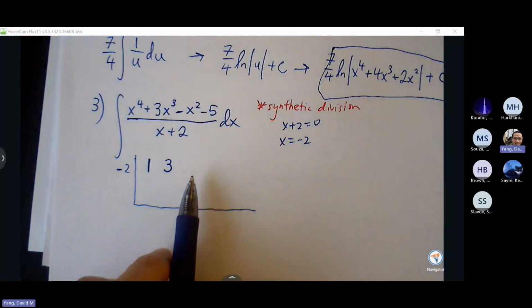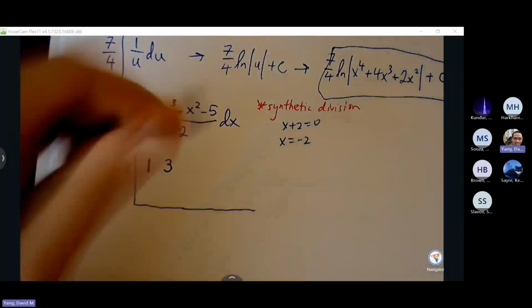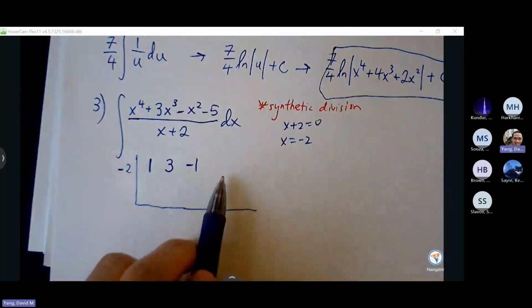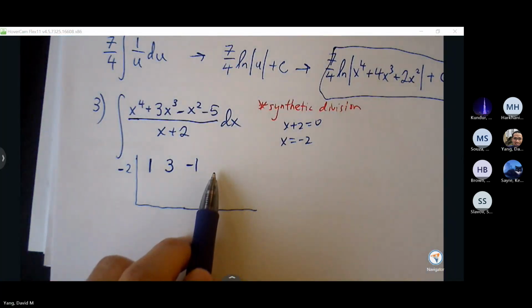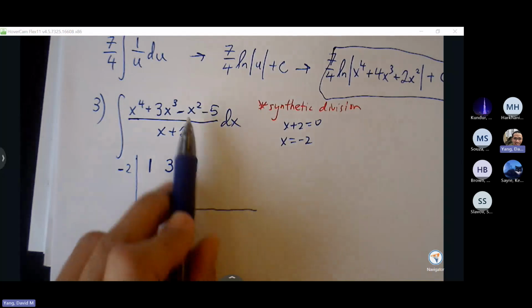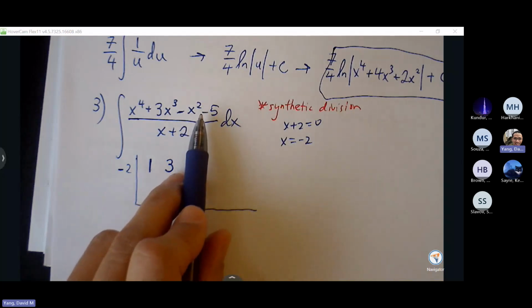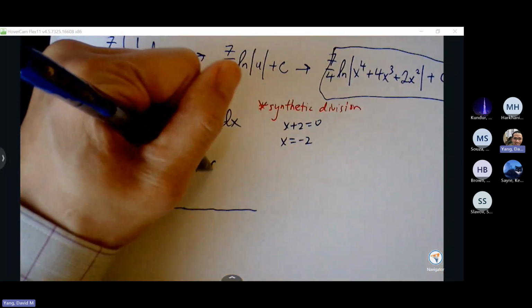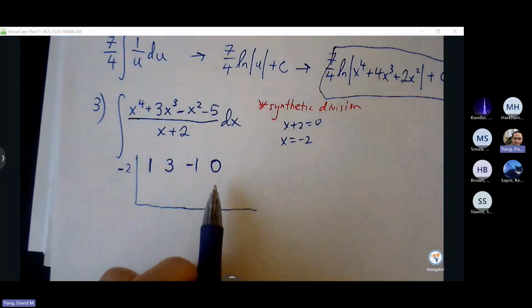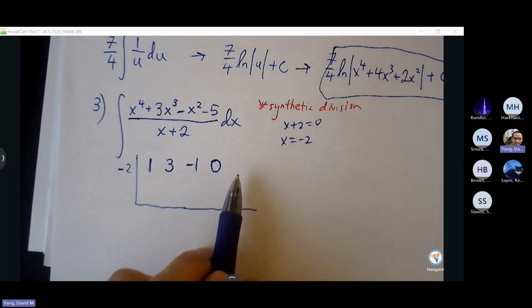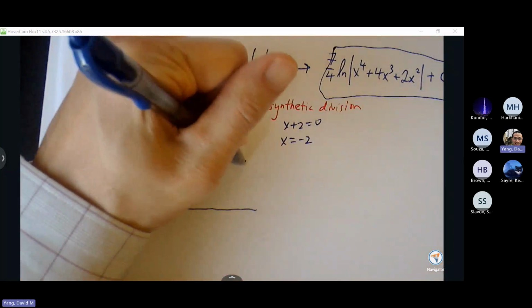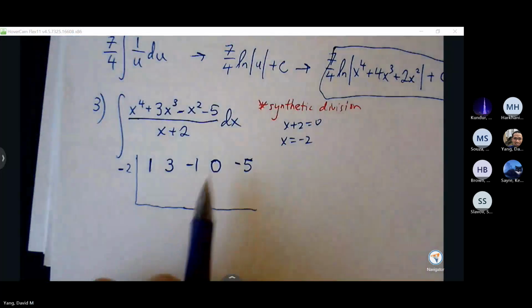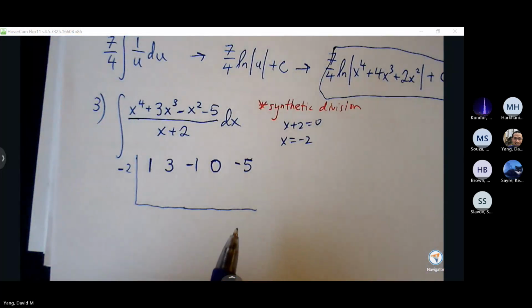For x squared, we'll use -1. For x, we'll use 0. Notice that it's missing an x degree, but we still need to have a place for x degree. So we'll have a 0 if we see a degree being skipped over. And then finally, the constant -5. Are we good with this setup?